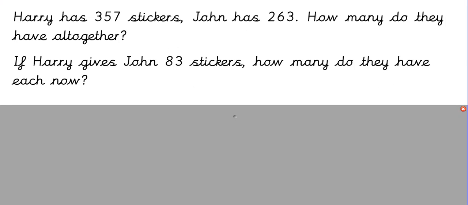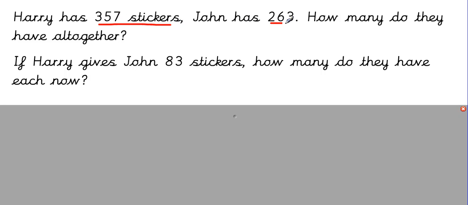Okay, so let's have a look at this then. It's a two-part question, so we'll focus on the first part first and then the second part. Harry has 357 stickers. John has 263. How many do they have altogether? So let's underline our important information. Harry has 357 stickers.